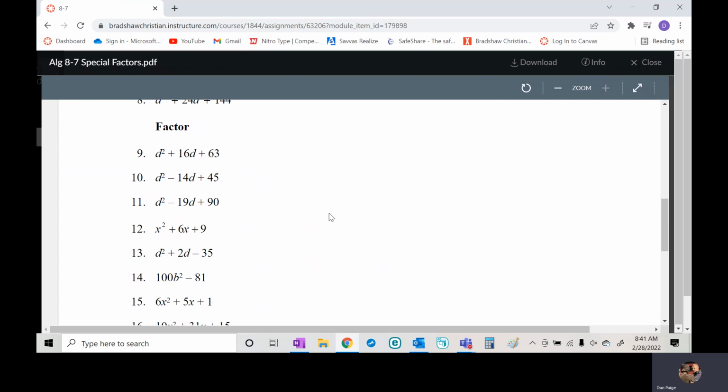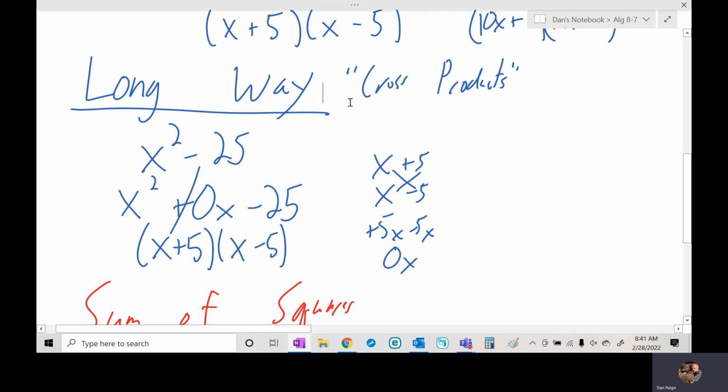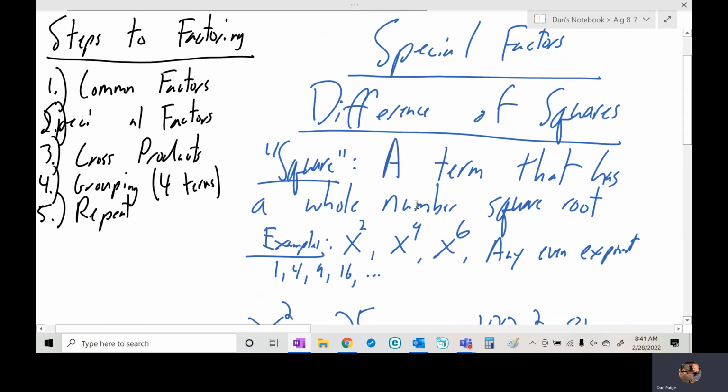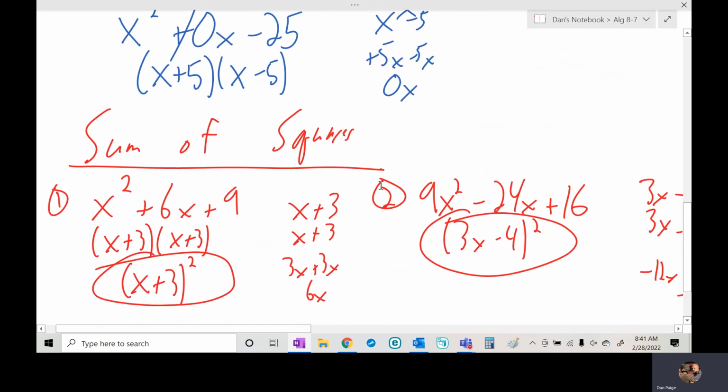I know that's a difference of squares. I can factor this one quickly. Or with this first one, that's not a special one. I've got to go through and do all my cross product guesses. All right. So it's important not just to be able to factor a difference of squares or a sum of squares. It's important to identify when they are so you can save time factoring.